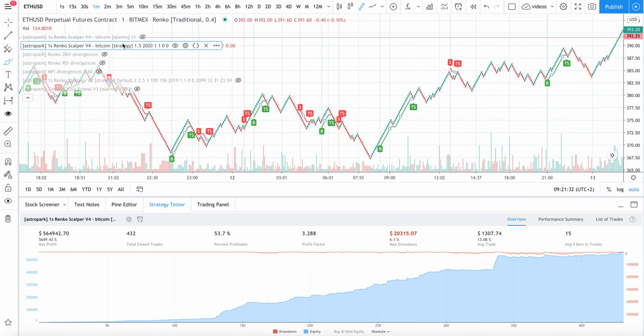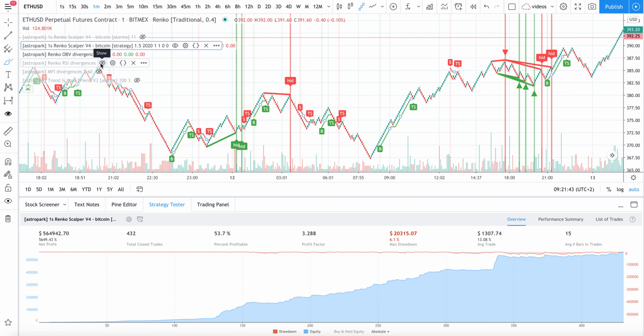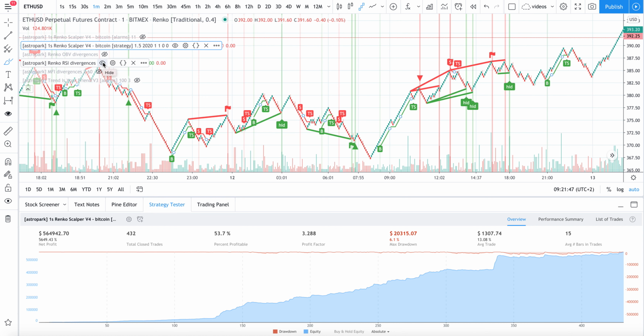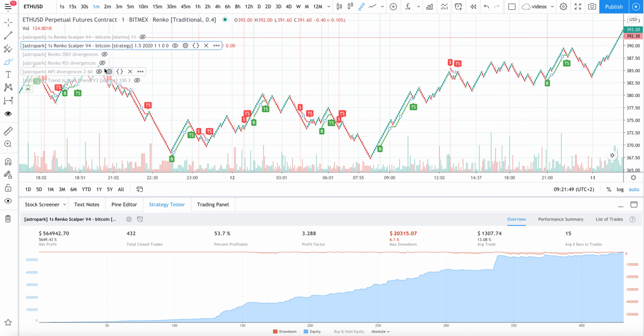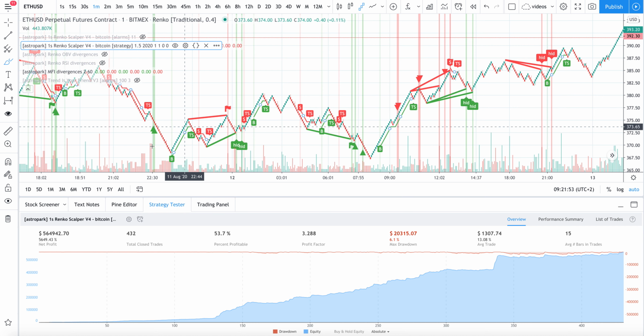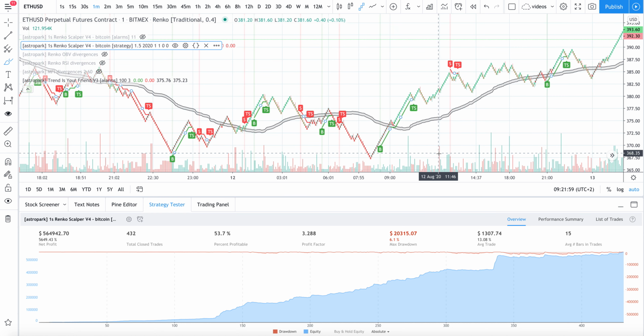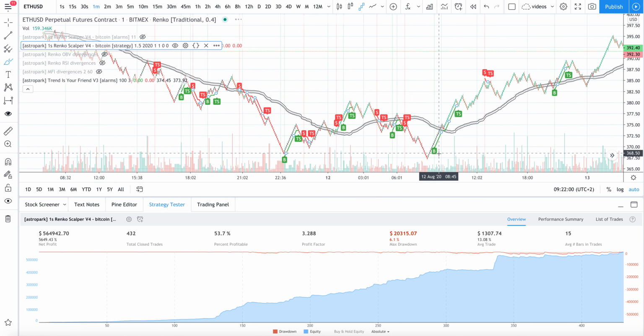Again, you can add the same to find some confluences. So the unbalanced volume, again, you can add the RSI, you can add the money flow index, these divergences indicators. Okay, again, this trend is your friend, and so on.